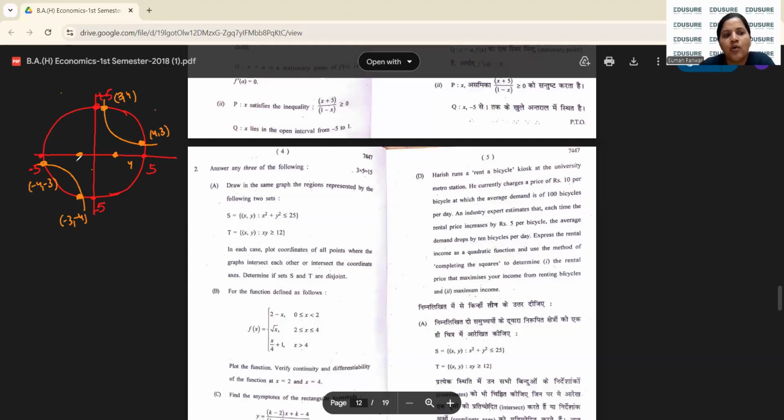So that is how our intersection will look like, and we are above these and below the circle. So these yellow portions are the intersection of S and T, and S and T are not disjoint because they are intersecting.